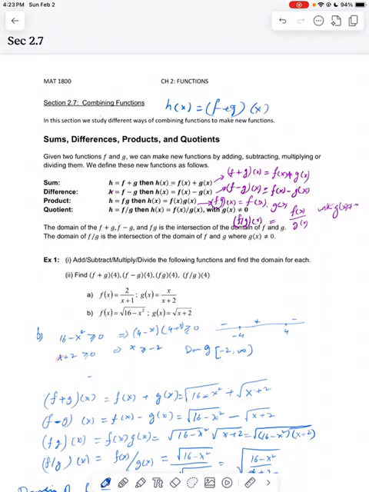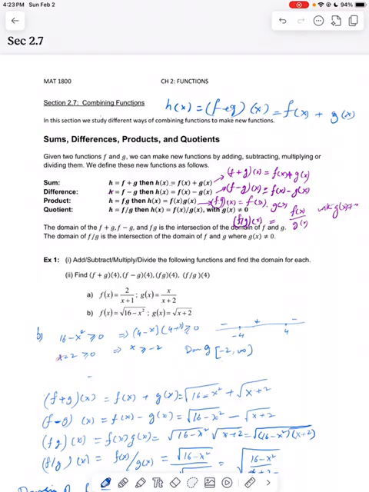So how do I define this? This new function is defined as f of x plus g of x. In other words, it is nothing but adding the results of the function f and the function g.